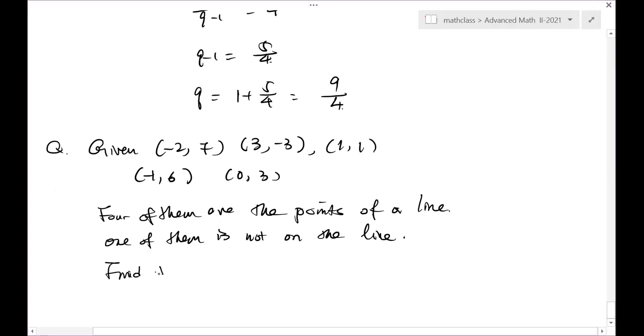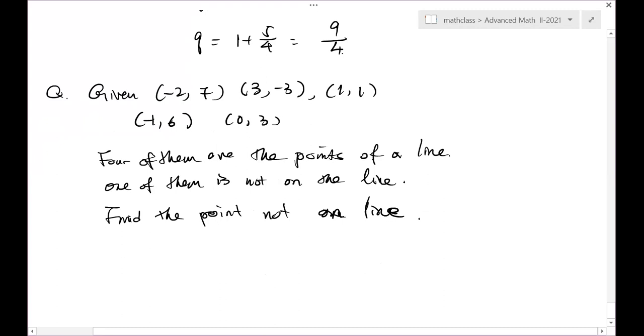In other words, find the point not on the line, and this line contains the other 4 points.